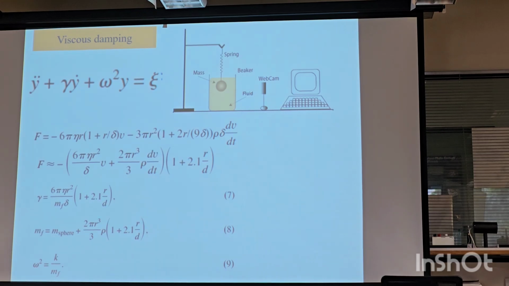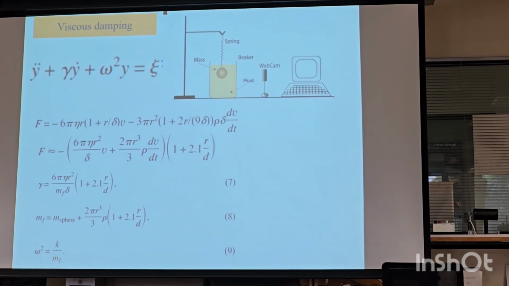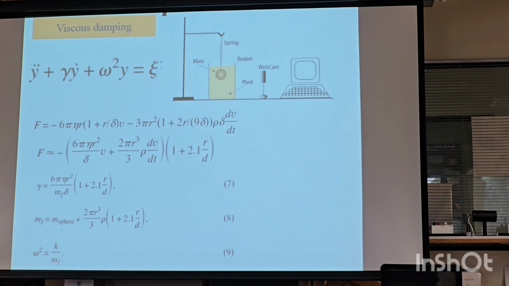One of the most complex books that one can ever read, or what I've read, are the books by Lifshitz and Landau. So they have a book on fluid mechanics, extremely terse. So we had to spend months and months understanding what he really meant and come up with an equation that describes this oscillator inside a viscous medium.